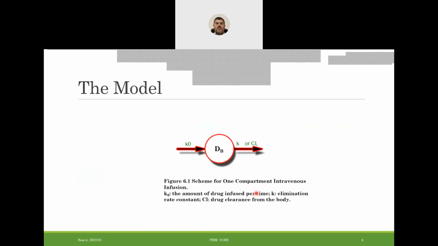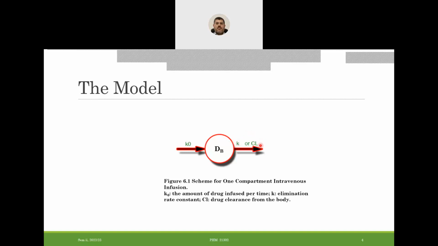So now we want to represent the model. We said one compartment model, so we put one square or one circle representing the volume of the compartment. What do we mean by one compartment? It means the drug distributes immediately into tissues, and there is equilibrium between drug and tissues immediately. So in the model, we don't have any rate constant representing distribution.